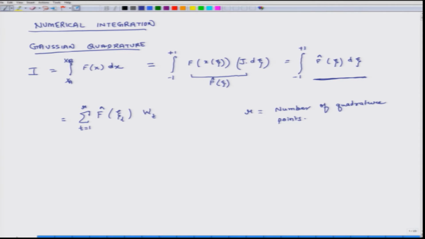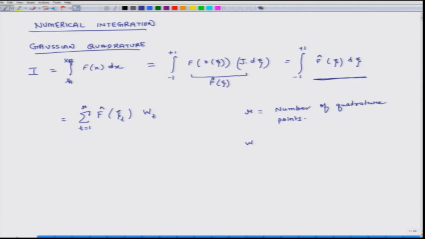If I go for Simpson's rule, the number of quadrature points are 3. So, in Gaussian quadrature, we can choose whatever value of r we want based on how accurate we want the integral to be. Okay. So, r is number of quadrature points. So, I can prescribe the value of r as 1, 2, 3, 4, 5, 6, 7, 8, whatever.